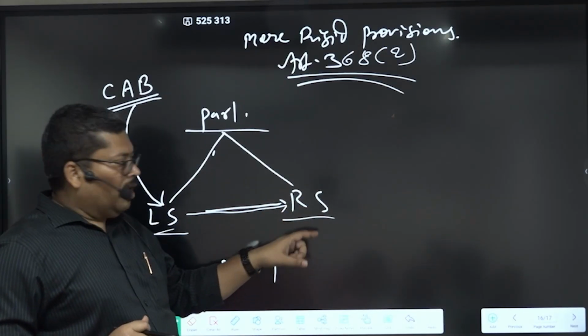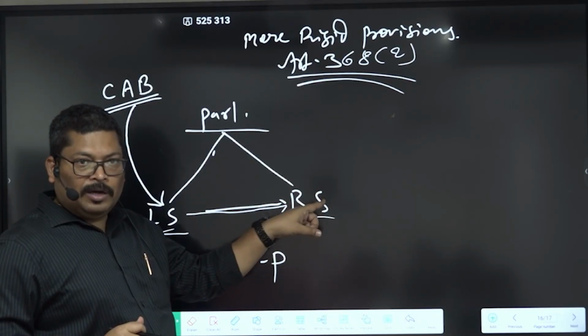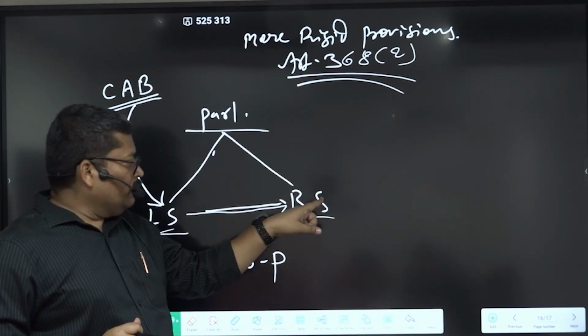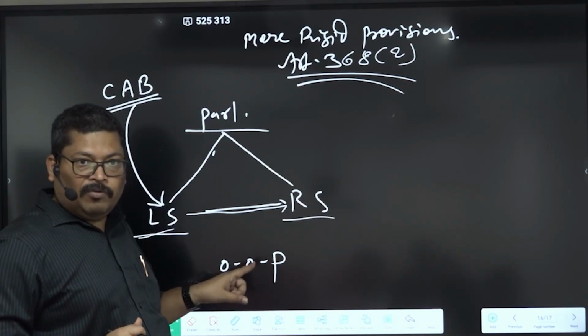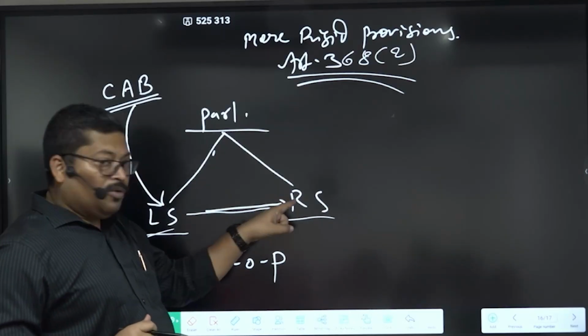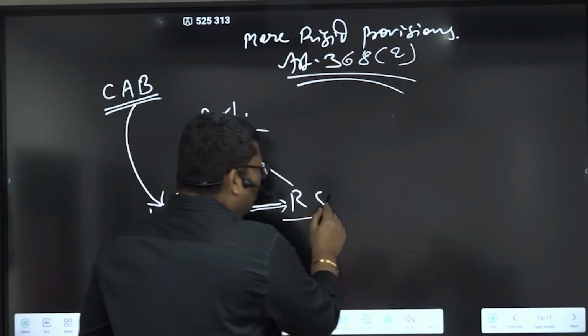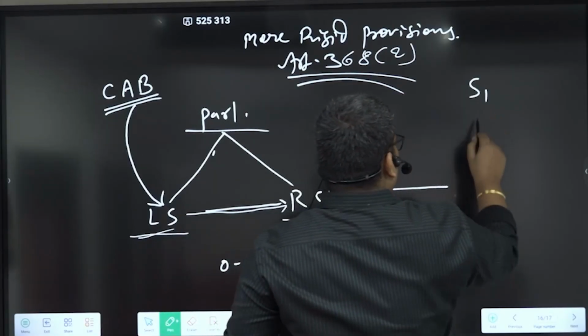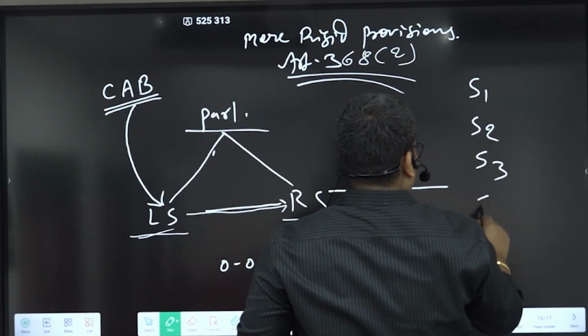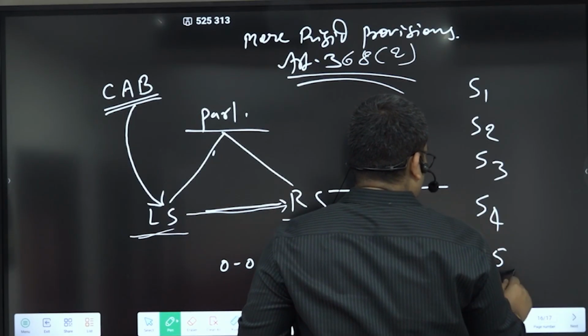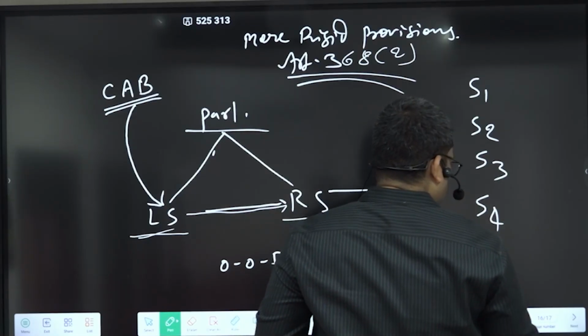But after getting passed from the Rajya Sabha, now the bill won't be transmitted to the office of the President of India directly. Rather, before transmitting it to the office of the President of India, it will be transmitted to different Indian states. All the 28 Indian states.